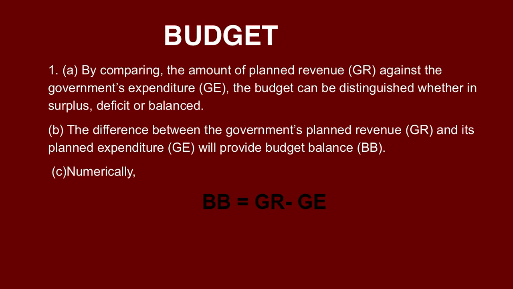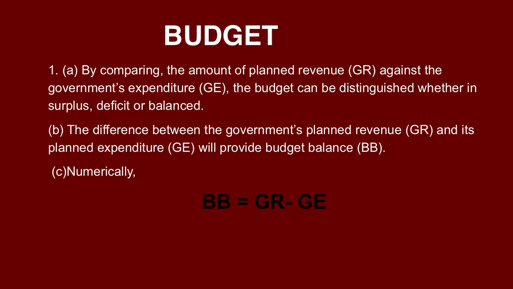Therefore, the government budget can be either a surplus, a deficit or balanced. How do we identify whether a budget is a surplus, deficit or balanced budget? By subtracting the planned expenditure from the planned revenue.